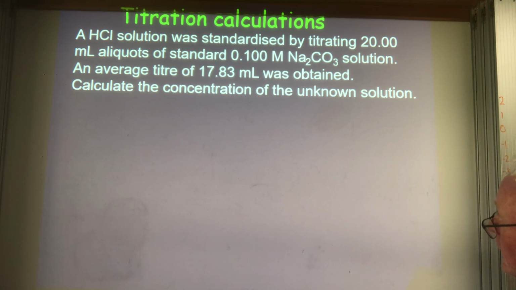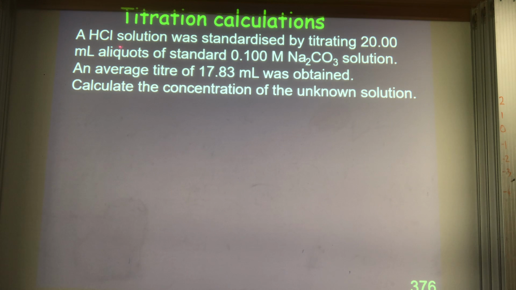Okay, so the calculations that we get run something like this. HCl solution was standardised. That means that's what we were trying to work out. What's the concentration of our HCl? Standardised means produce a standard solution, which means find its exact concentration, by titrating 20 ml aliquots of standard sodium carbonate solution.